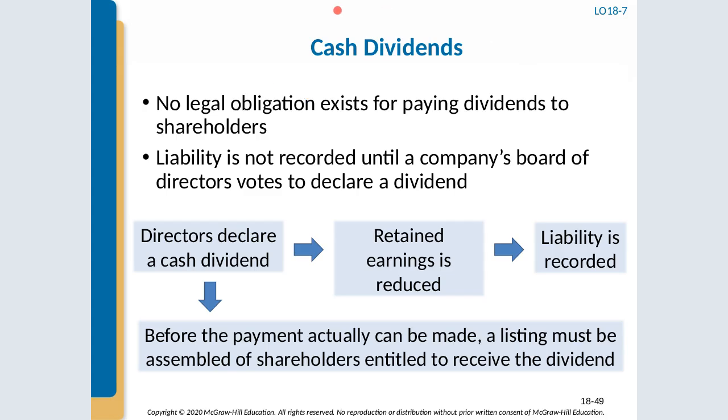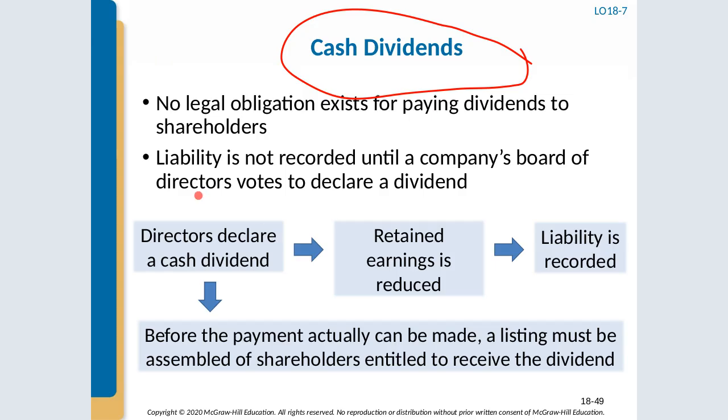So the most common dividends are cash dividends. The corporation is not really obligated to pay, but it's to entice shareholders, right? Who wants to purchase stock if I'm not going to get a return on that investment? And so that's what cash dividends are. We're getting a return on our investment.